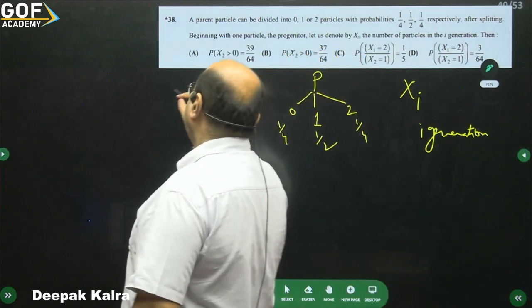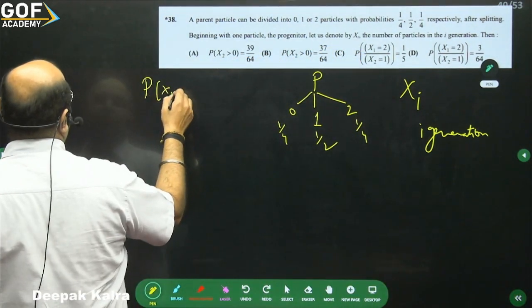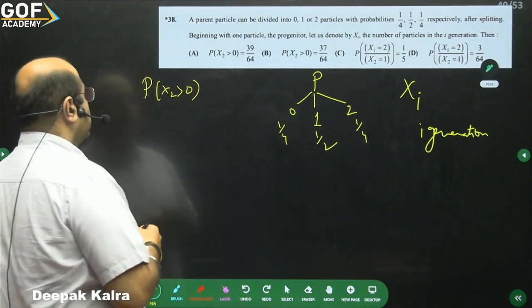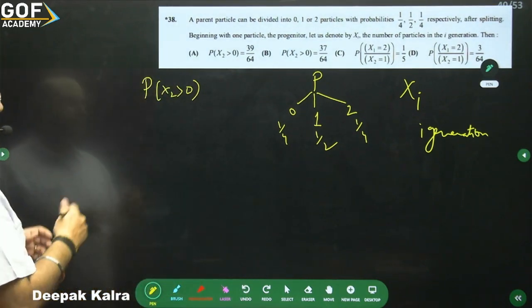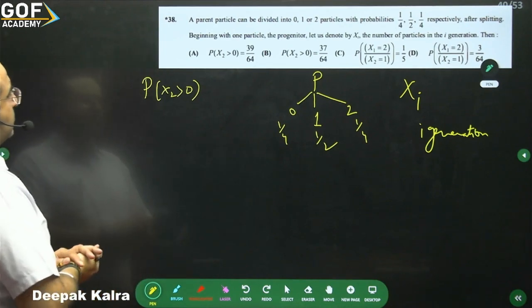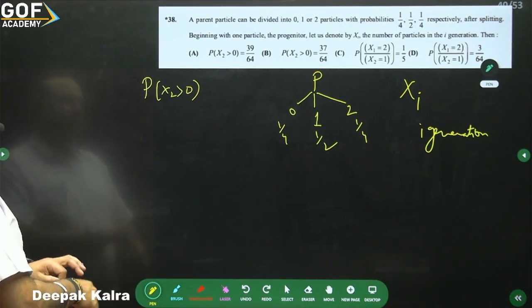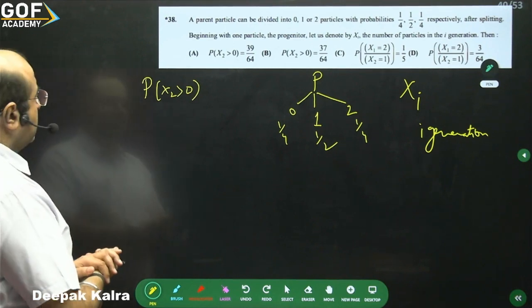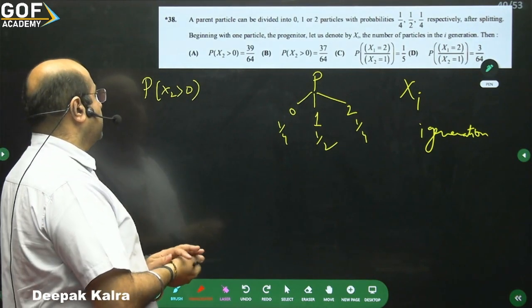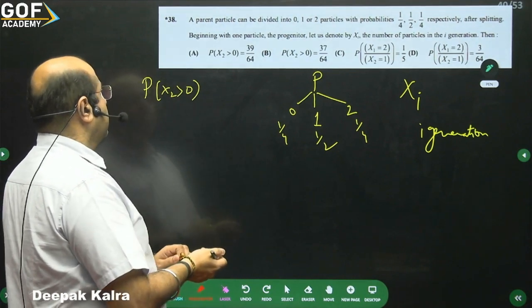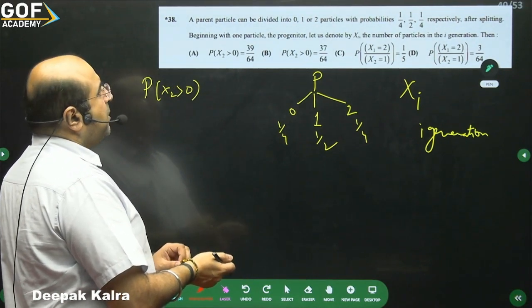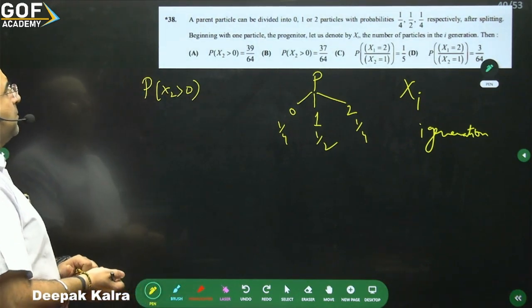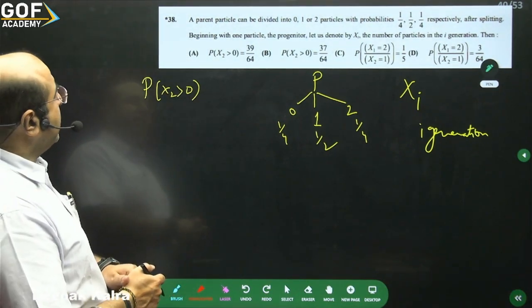So they want P(X2) should be greater than 0. Means what? In the second generation, they want the number of particles to be more than 0.